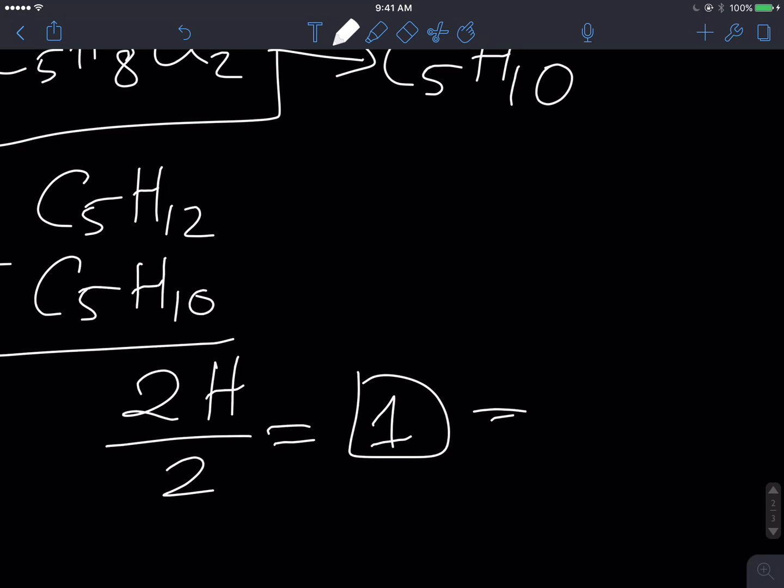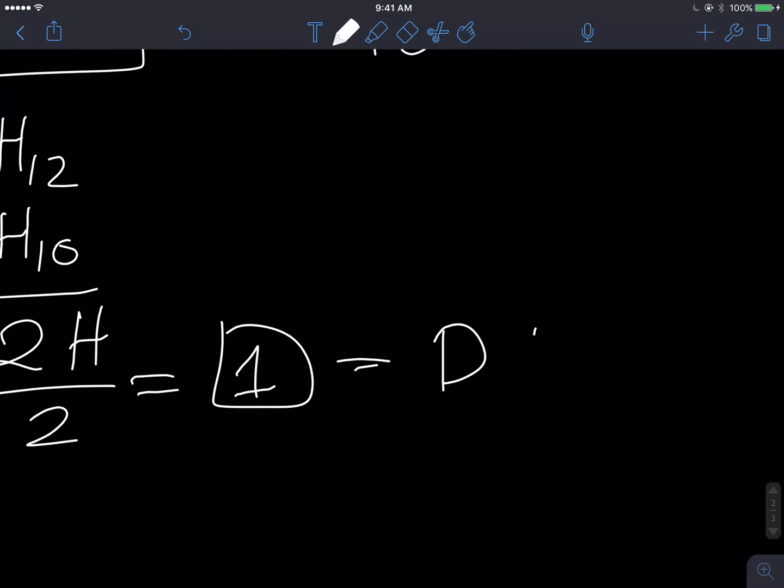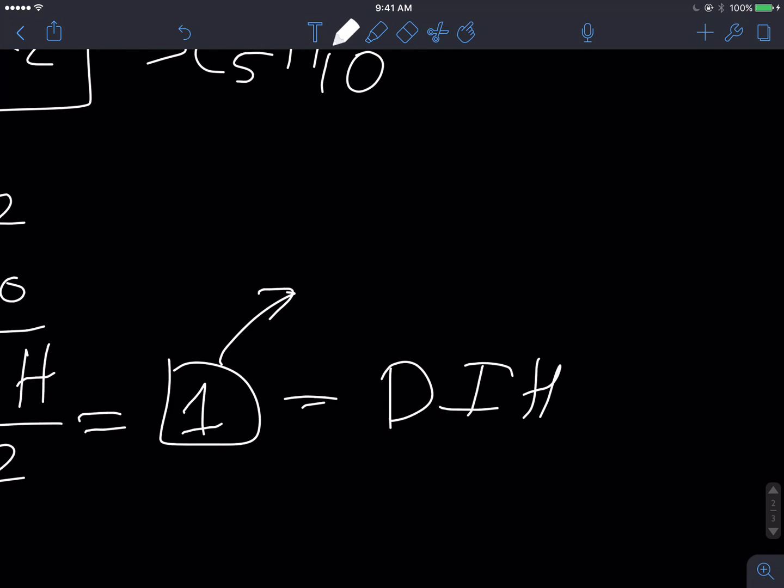This number 1 right here is the deficiency of hydrogen, I believe, DIH. This number means the number of rings or double bonds. This number 1 means there could be one double bond or one ring.